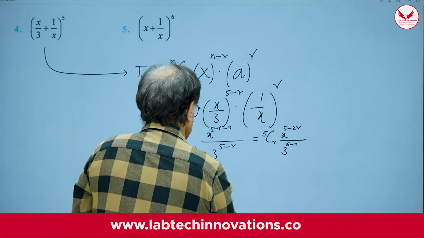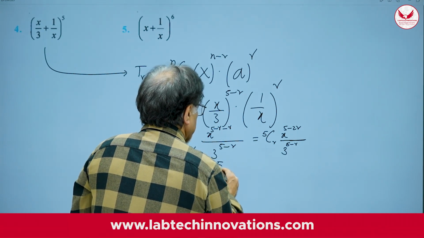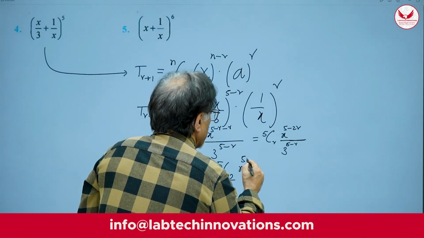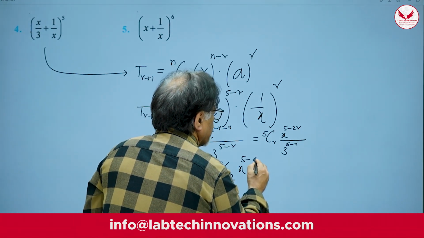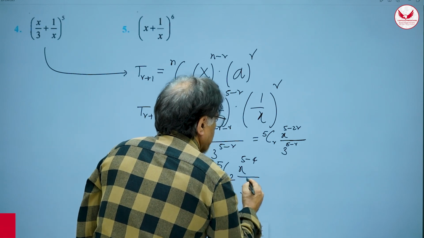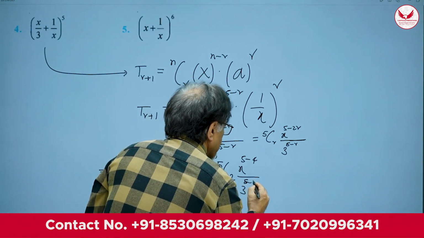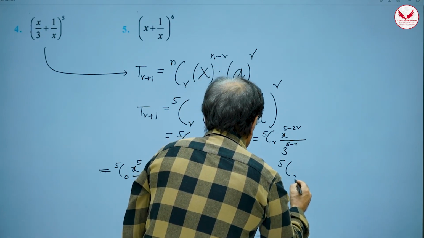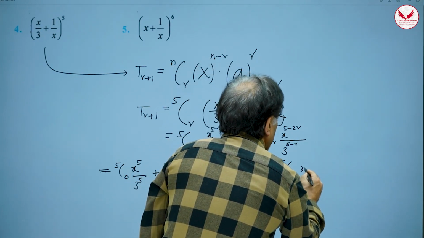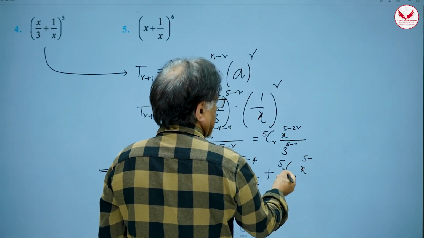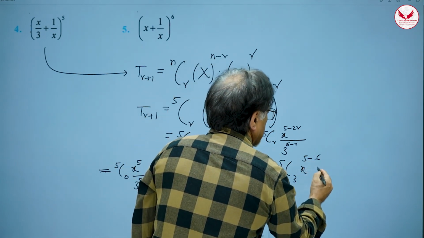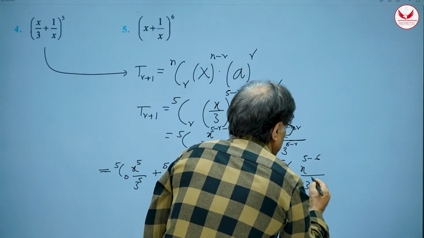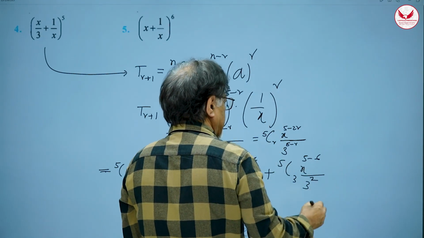Now, here, next, 5C2, x raised to what? 5 minus 2r, that means 5 minus 4, whereas 3 raised to what? 5 minus 2, correct? Plus, next term, 5C3. Now, x raised to 5 minus 2r, but 2r means it will be 6 now, divided by 3 raised to what? 5 minus 3, which is 2, correct?